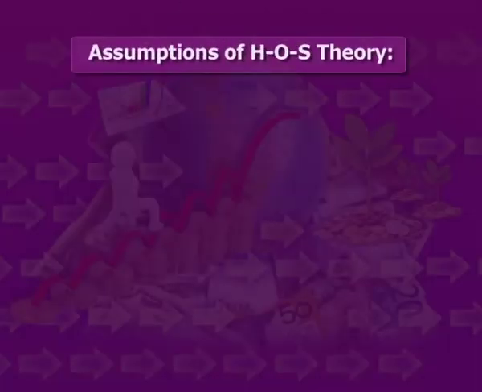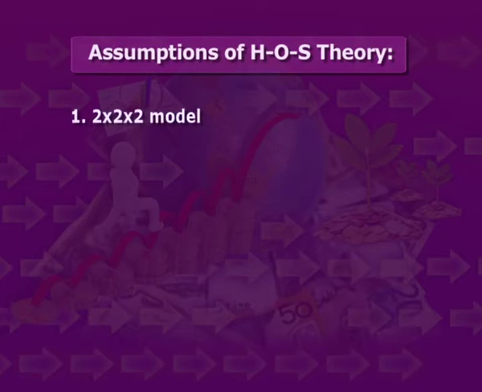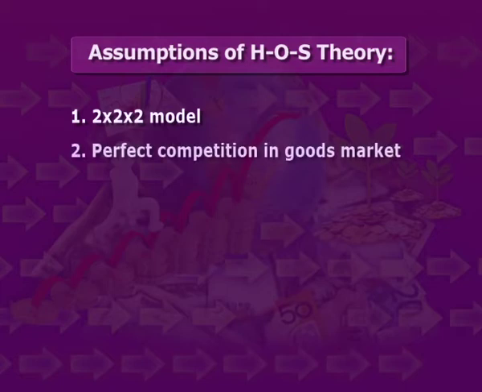The theory is based on the following assumptions. There are two countries, two goods and two factors of production. This model is also known as 2 by 2 by 2 model. There is perfect competition in goods market, which means that price is determined by the industry and producers, and consumers cannot affect the market price.